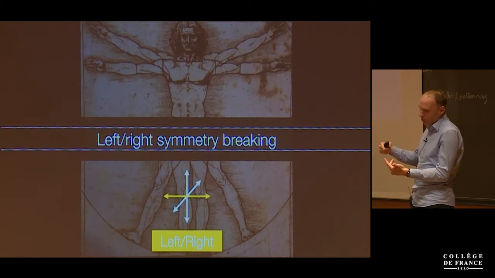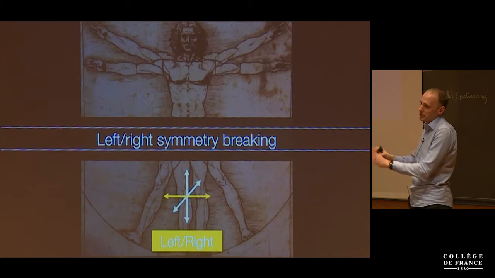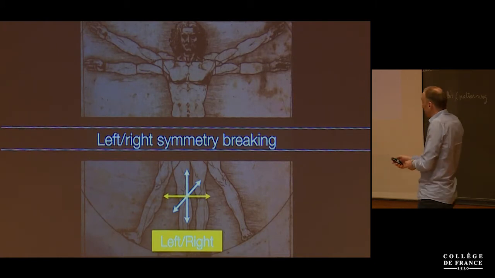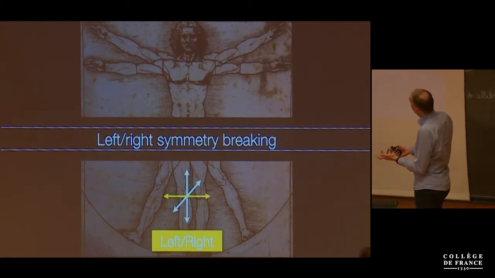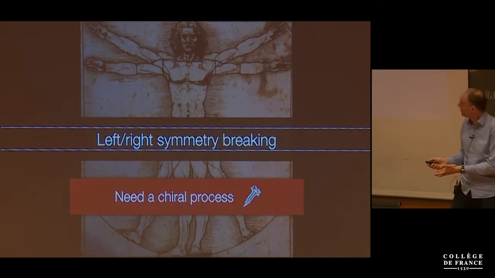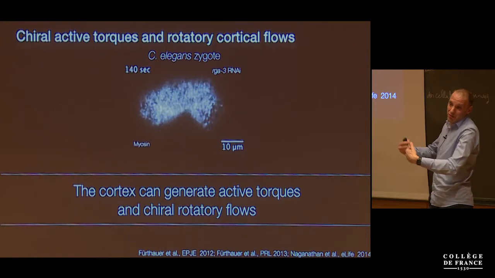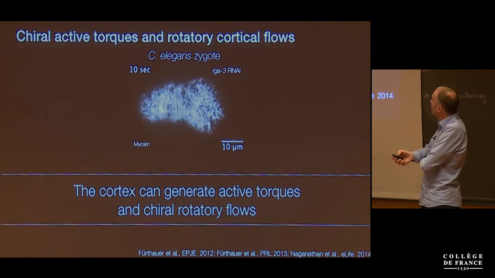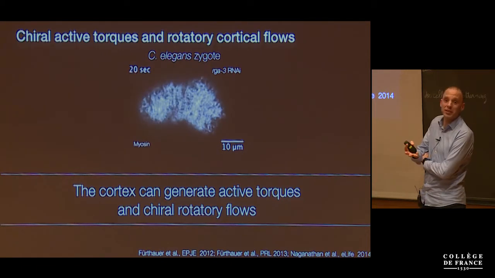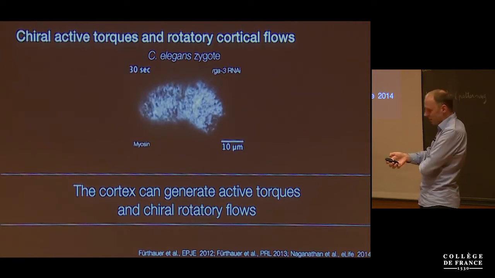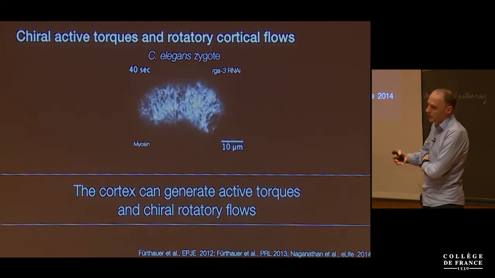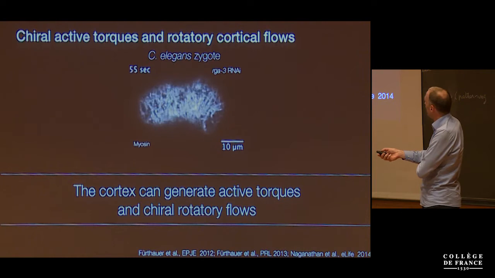We've got motor proteins that might spiral around the filaments, and if they're aligned in proper ways, this can generate torques and break left-right symmetry. So this actomyosin cortex is potentially one way by which an organism can break left-right symmetry and perhaps even establish the left-right body axis.